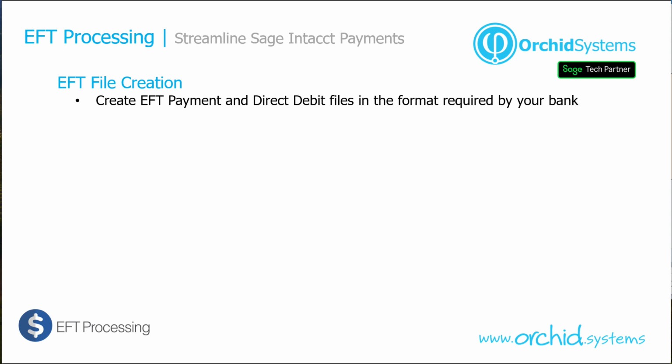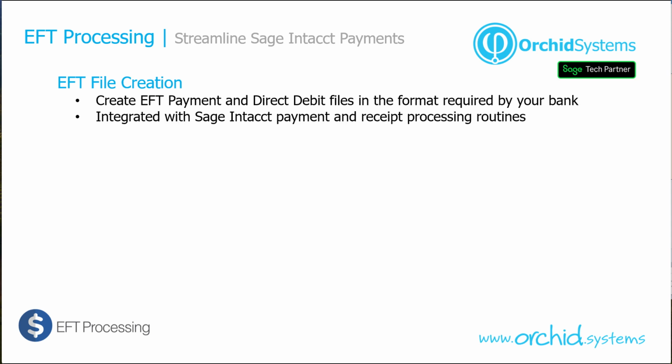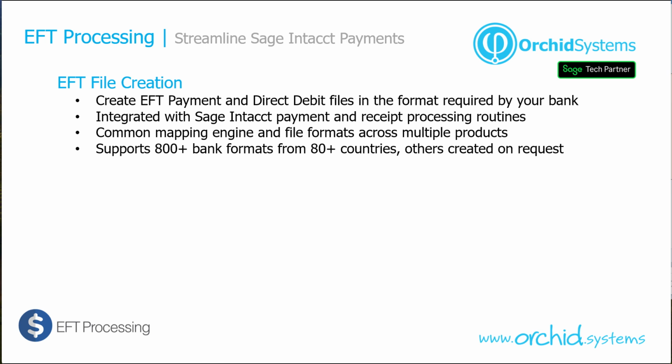EFT Processing creates the EFT payment and direct debit files in the format required by your bank. It's integrated with the Sage Intacct payment and receipt processing routines. We have a common mapping engine and file formats that work across multiple products. This means from day one we support over 800 banks and formats from over 80 countries, and others can be created on request.